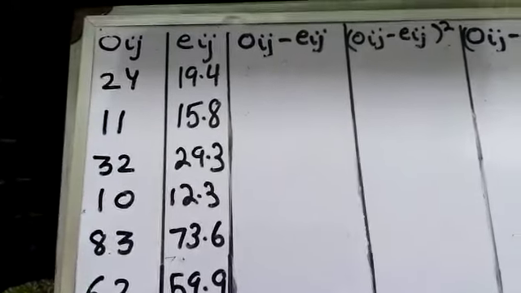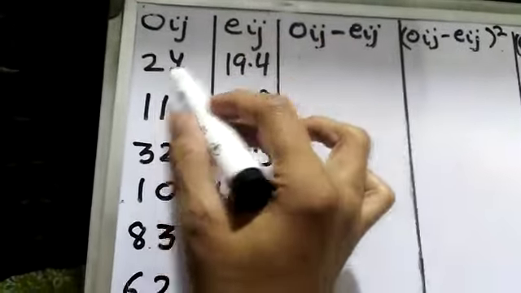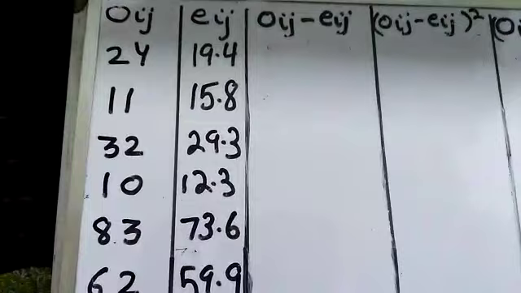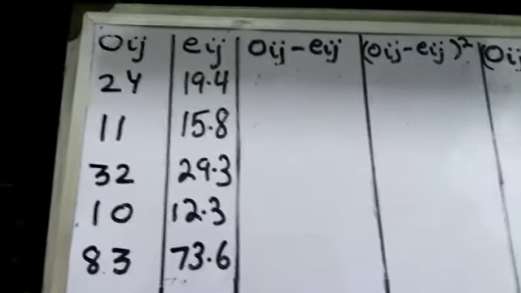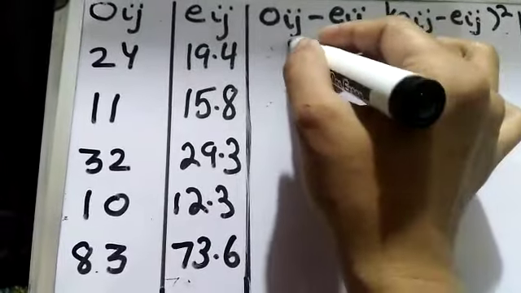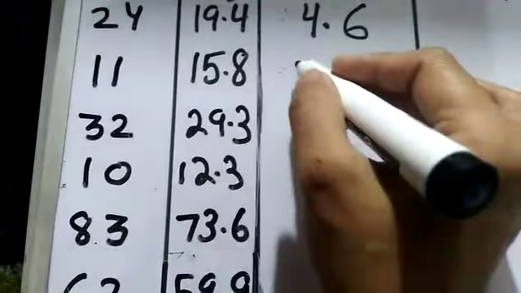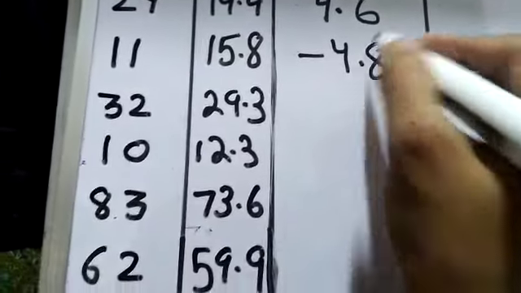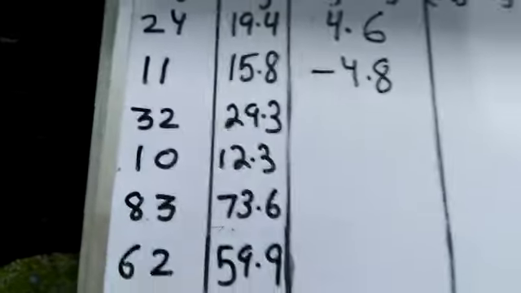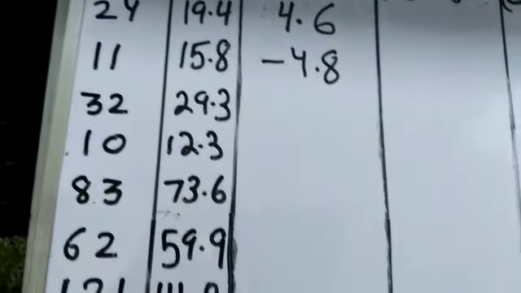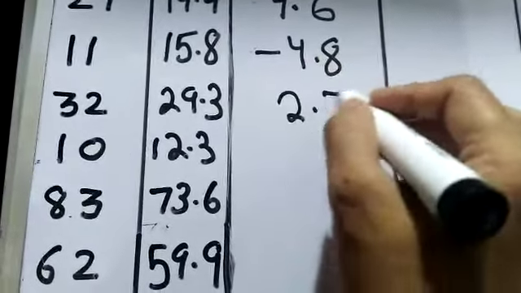We have to calculate it. How? 24 minus 19.4, that is 4.6. Similarly, 11 minus 15.8 is going to be minus 4.8. And then 32 minus 29.3, the answer is 2.7.